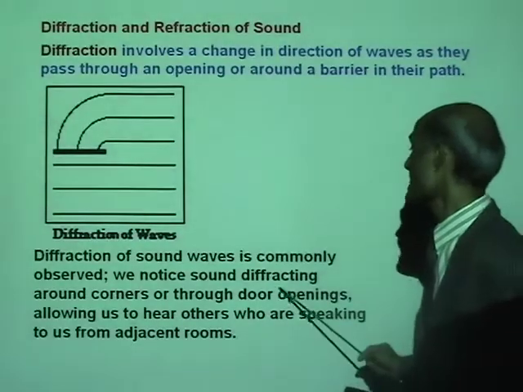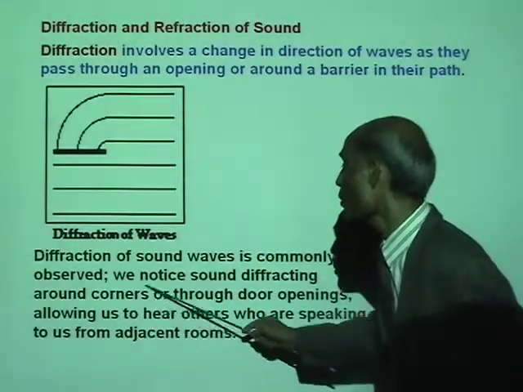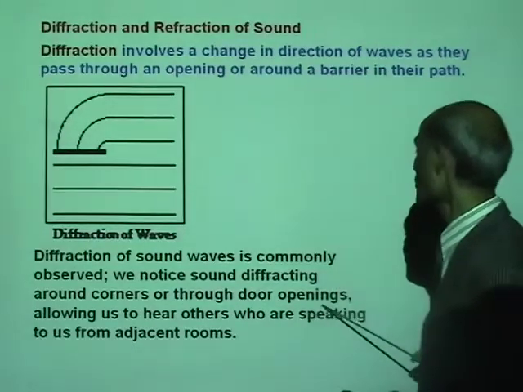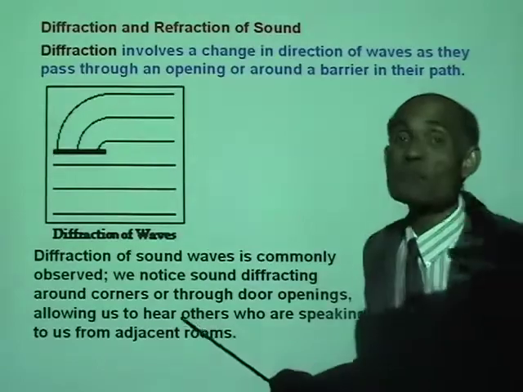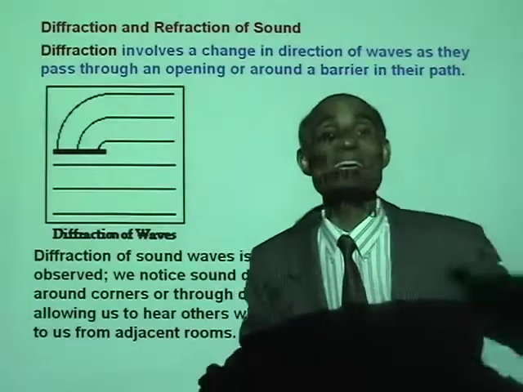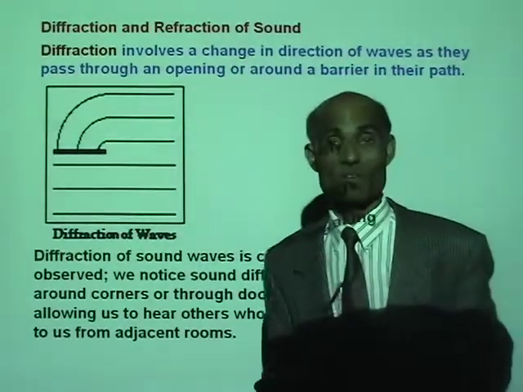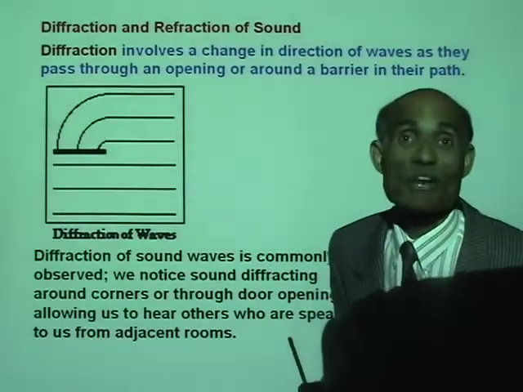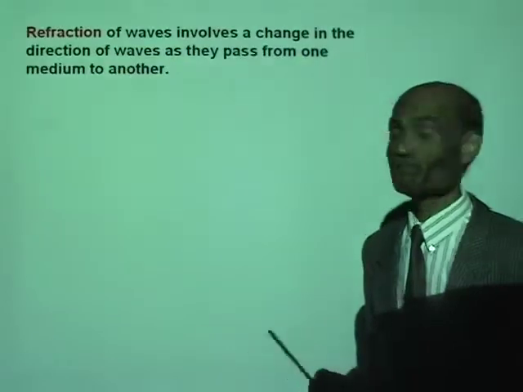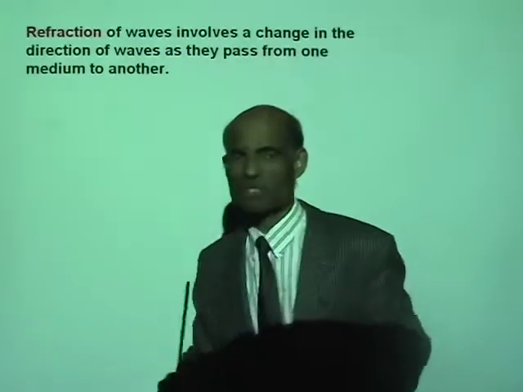We notice sound diffracting around corners or through door openings, allowing us to hear other people who are speaking in adjacent rooms. Well, do you like it? Sometimes it is very annoying.